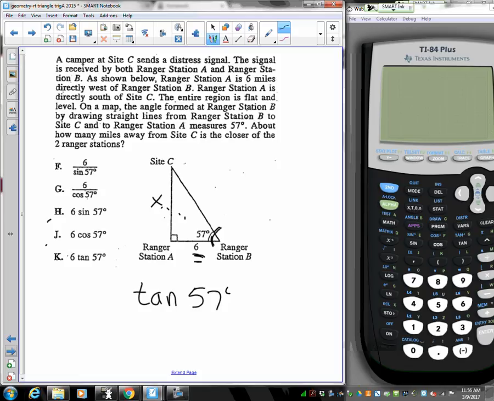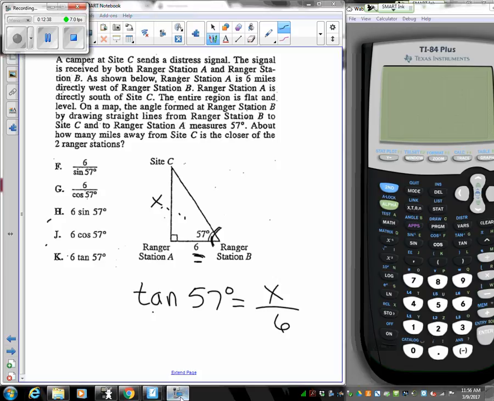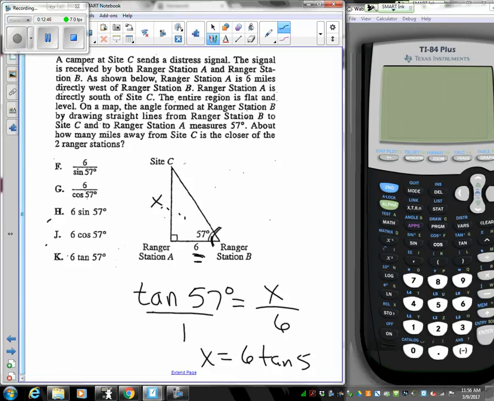So we would get tangent of 57 degrees equals opposite over adjacent, and then we just cross multiply here. Now, we get x equals 6 times the tangent of 57. Again, I don't have to throw it in the calculator. I can see my answers given in terms of tangent right there.